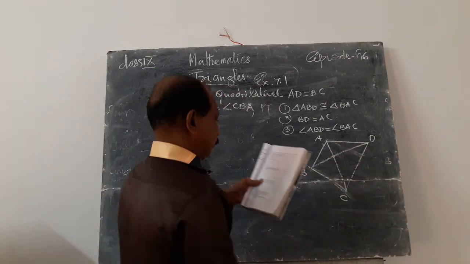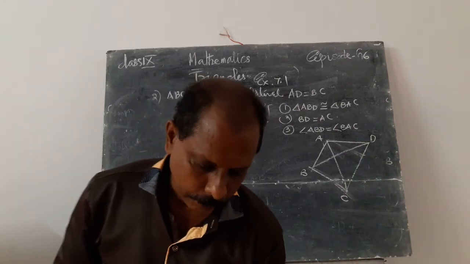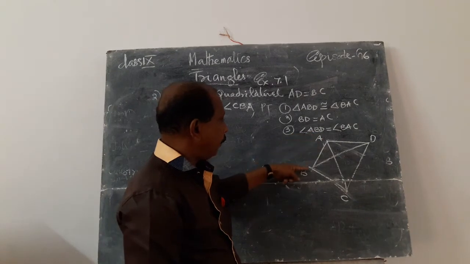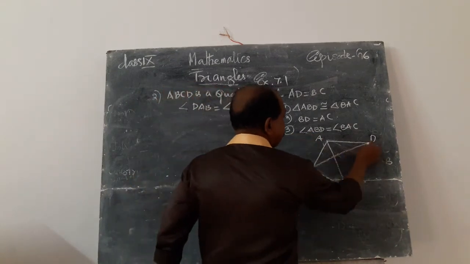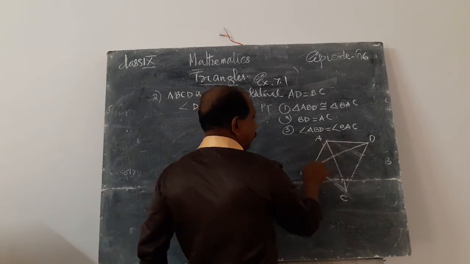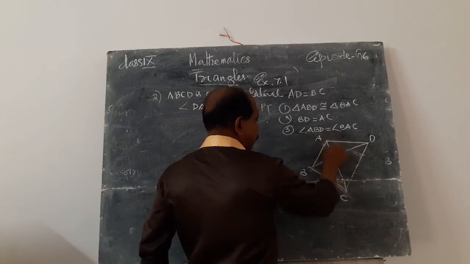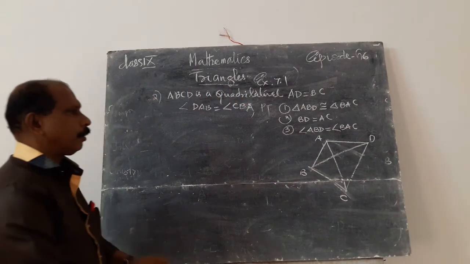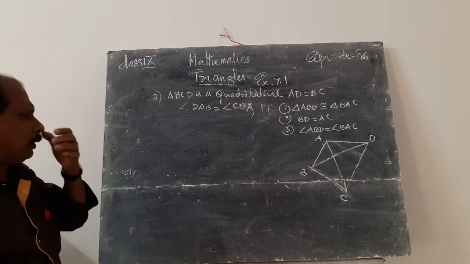This is the figure. Which triangles can we prove? Triangle ABD is congruent to triangle BAC. Since these two triangles are congruent, their corresponding sides are equal.